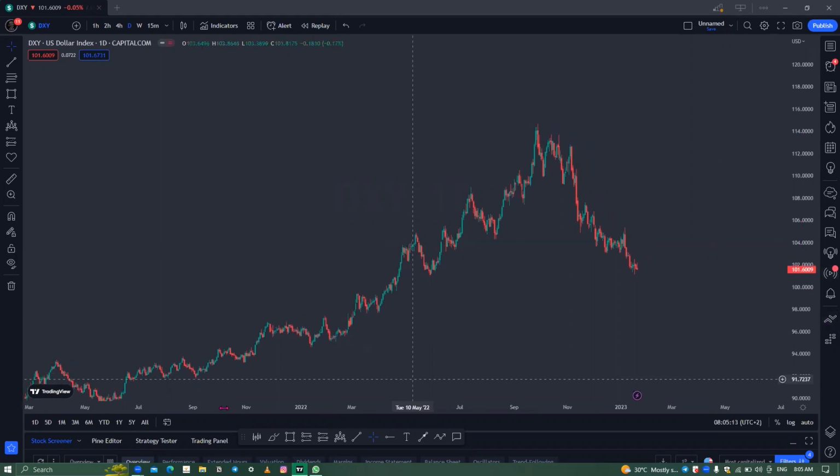So on the DXY we are on a daily time frame. You know how I do my things, the basics. You mark your lowest low and I mark my highest high of the structure.